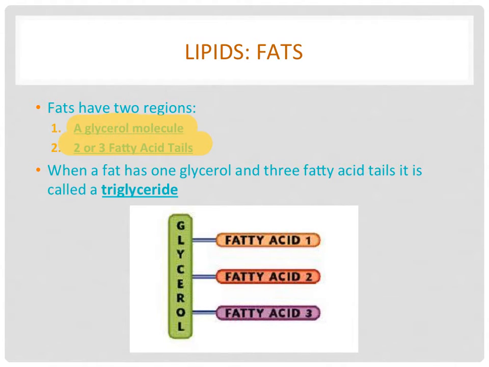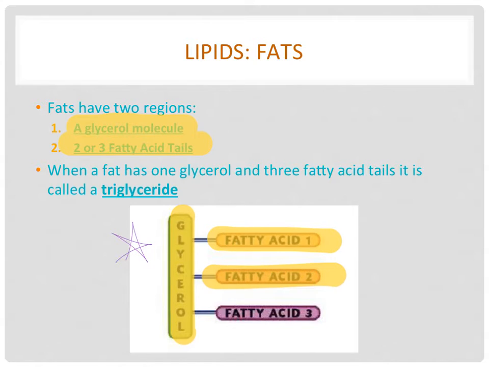So on your paper, if you look above where you're taking your notes, you can actually see this picture right here. Okay, and on the side, you see your glycerol, and then you see fatty acid 1, 2, and 3.